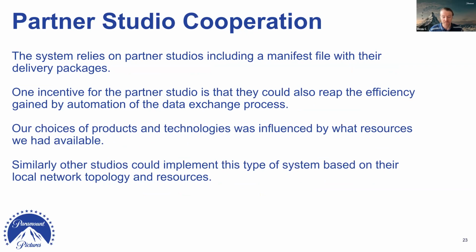One incentive for the partner studio is that they could also reap the efficiency gained by automation of the data exchange process. Our choice of products and technologies was influenced by what resources were available to us on our networks. Similarly, other studios could implement this type of system based on their local network topology and resources. Next slide, please.